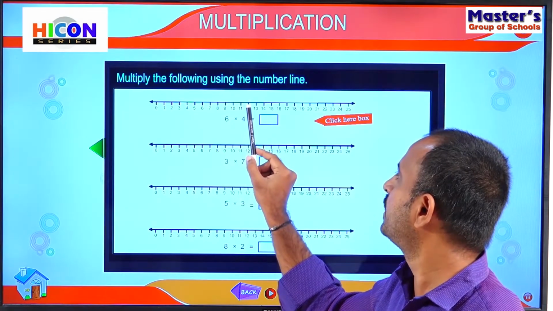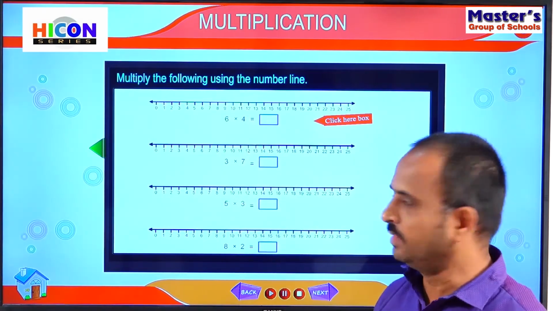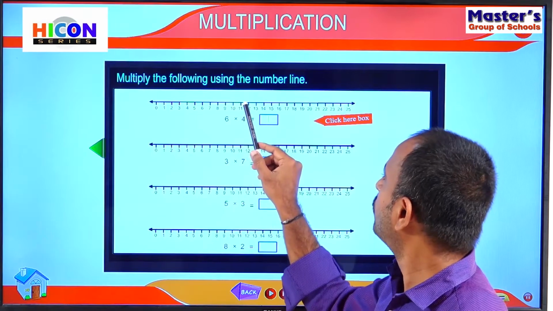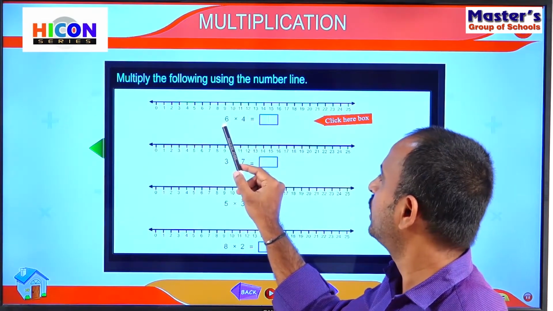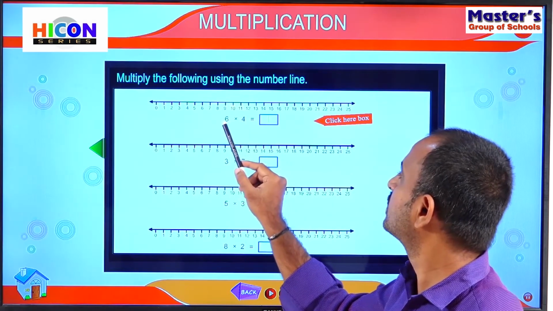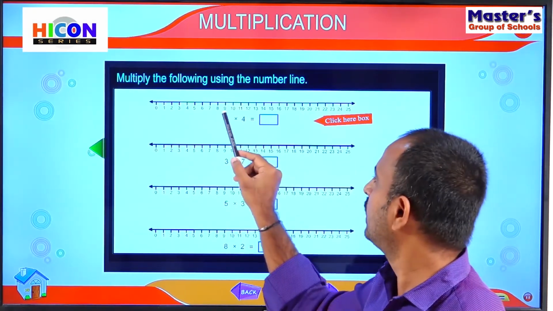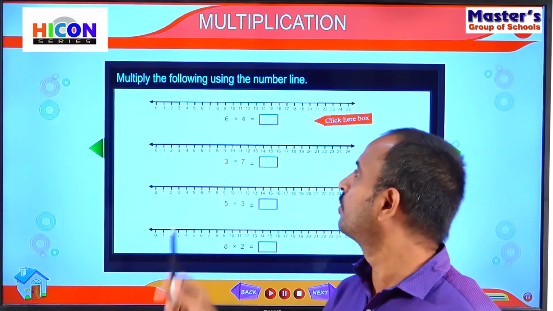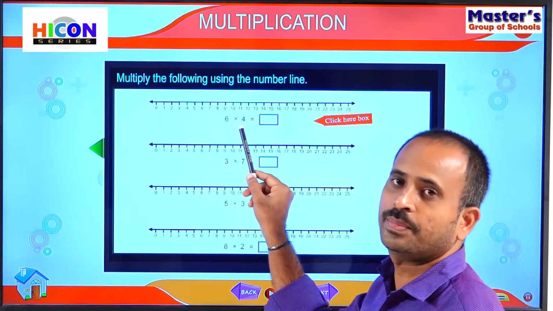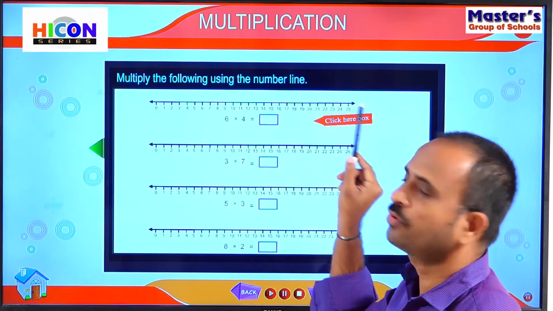The second step is up to 12. So in this way, move 4 steps forward on the number line, and for each step you have to cross 6 numbers. The first number represents the number of numbers you have to cross, and the second number represents the number of steps you have to move.